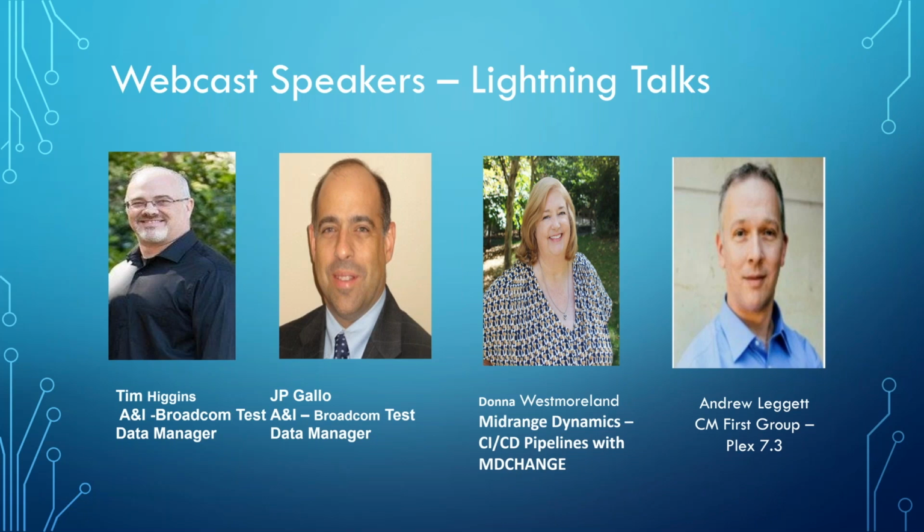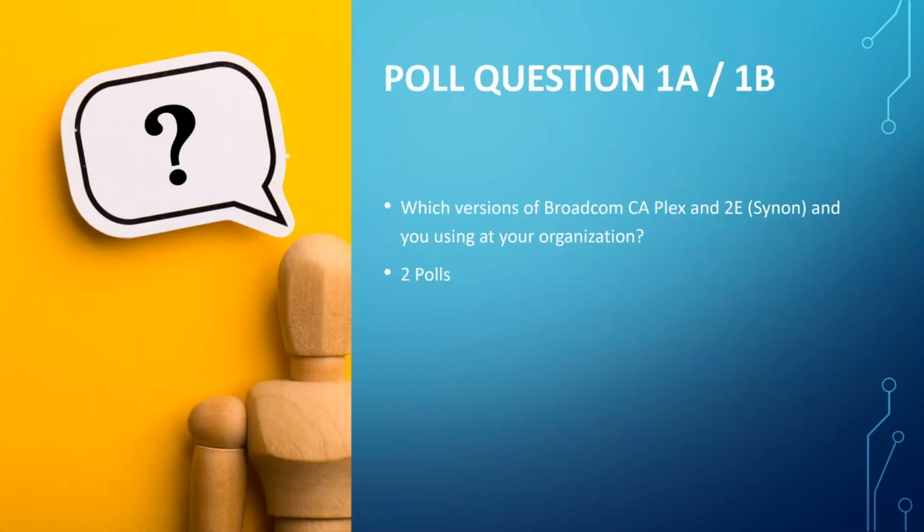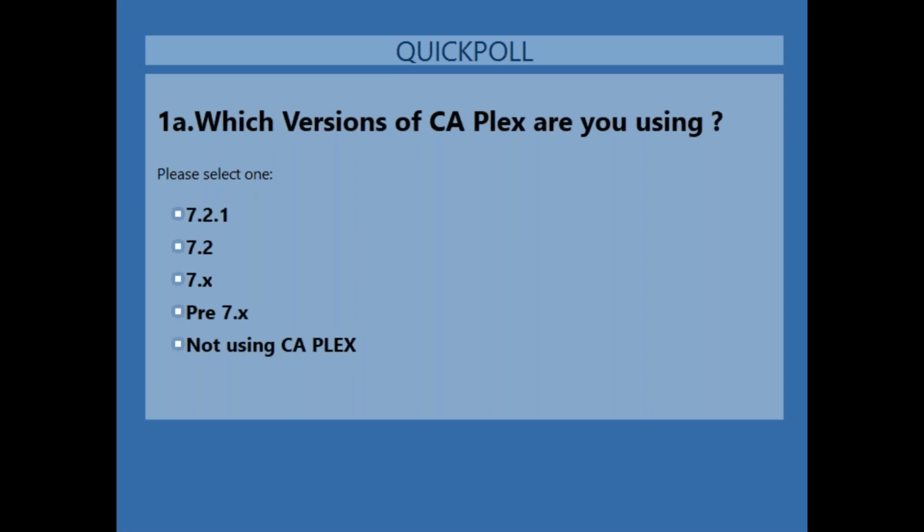As always, we do a poll question first up. The first question is, what versions of CA Plex are you currently using? Would it be 7.2.1, 7.2, 7.x, pre-7.x, or not using CA Plex?